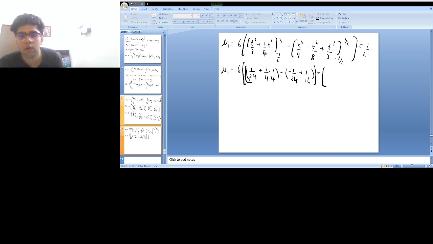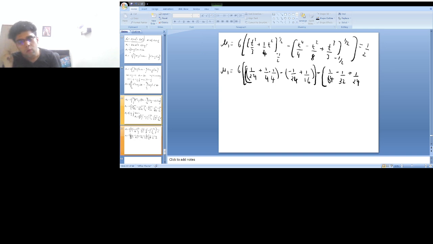Just substituting half and half, this gives me 2 to the power 4 is 16, so 16 into 4, 64, 1 upon 64 minus 1 upon 8 into 4 gives me 1 upon 32, plus 8 into 3, 24, 1 upon 24.